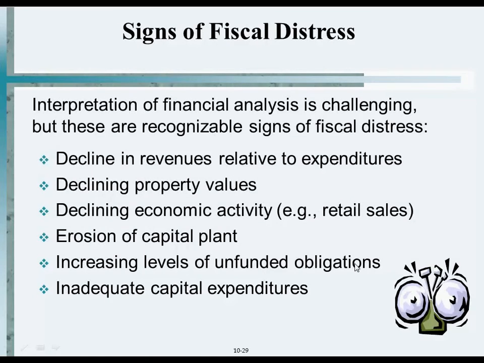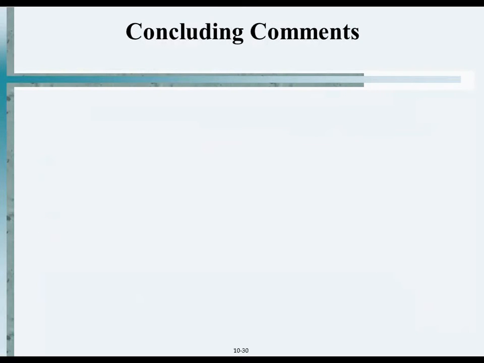We talked about signs of fiscal distress: declines in revenues relative to expenditures, declining property values, declining economic activity, erosion of capital plans, level of unfunded obligation, and capital expenditure. So as you see, there's not a whole lot, but these tell the story in these principal areas.